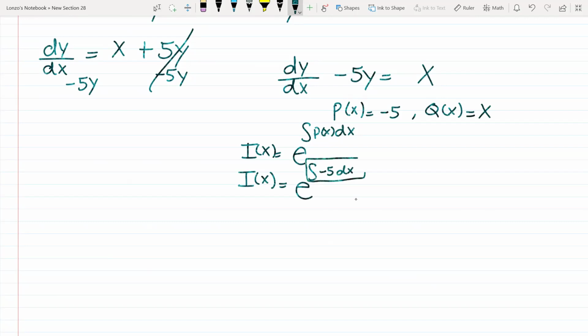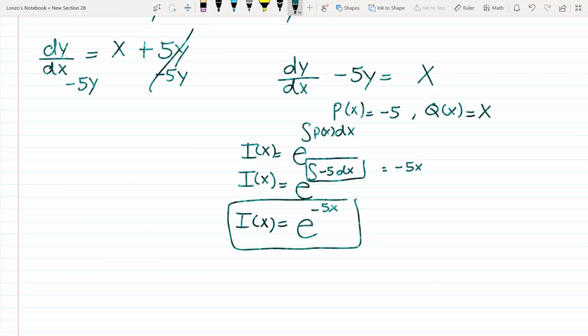What is the integral of -5 dx? That is -5x. We don't have to put the plus c. So it's just going to be e to the -5x. Okay, so this is our integrating factor.